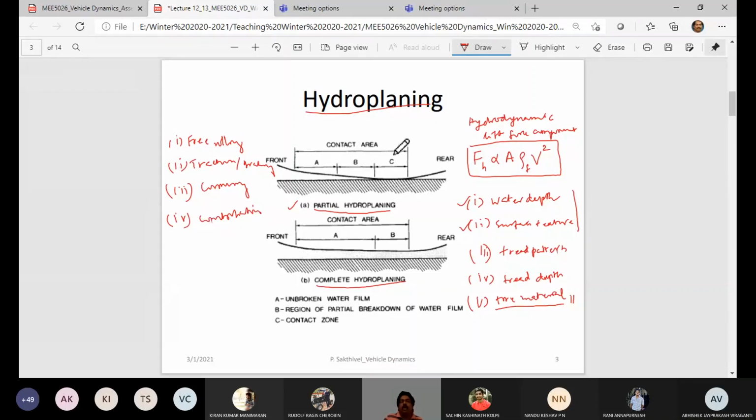These all are going to constitute an influence on your hydroplaning phenomena, or the behavior of your tires on wet surfaces. So you understand what hydroplaning is.